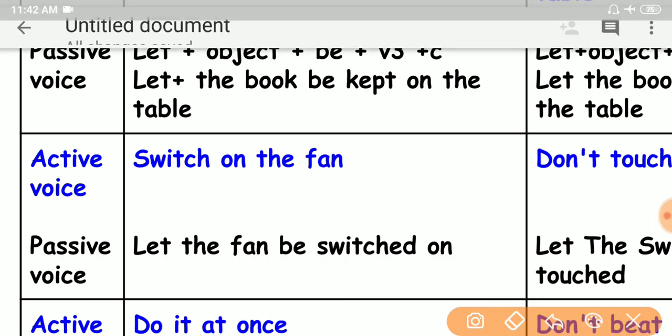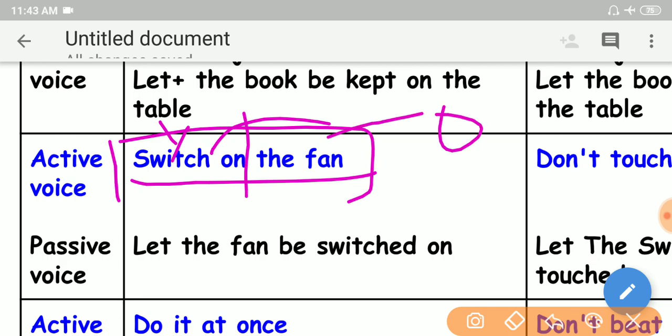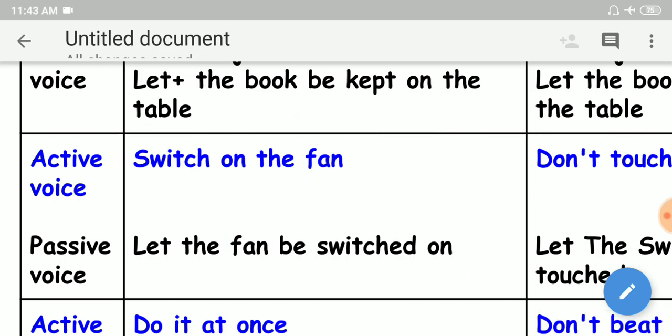See, switch on the fan. Switch on is the V1, and the fan is the object, that too a non-animal or non-living thing. So that's why let is used. So "Let the fan be switched on" is the passive sentence.